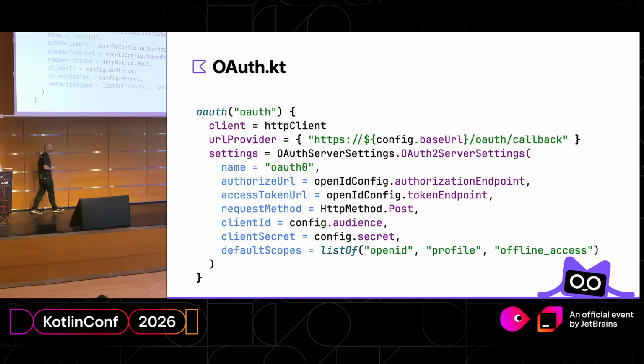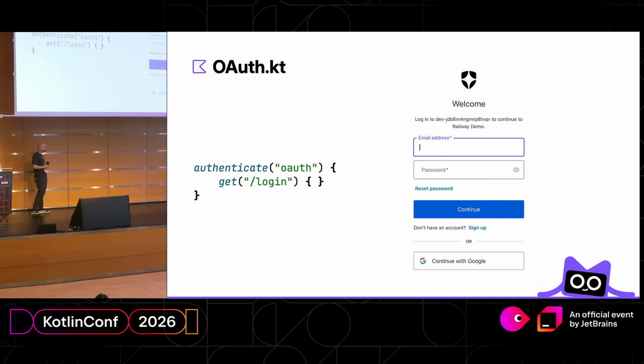We also need to specify an HTTP client that allows us to configure things like retry mechanisms or rate limiting. And we need to specify a callback URL, which is where the OpenID provider will come back to us after a login flow has finished. I set up a login route, which I leave empty, and Ktor will then redirect the user, in this case to my Auth0 login page.